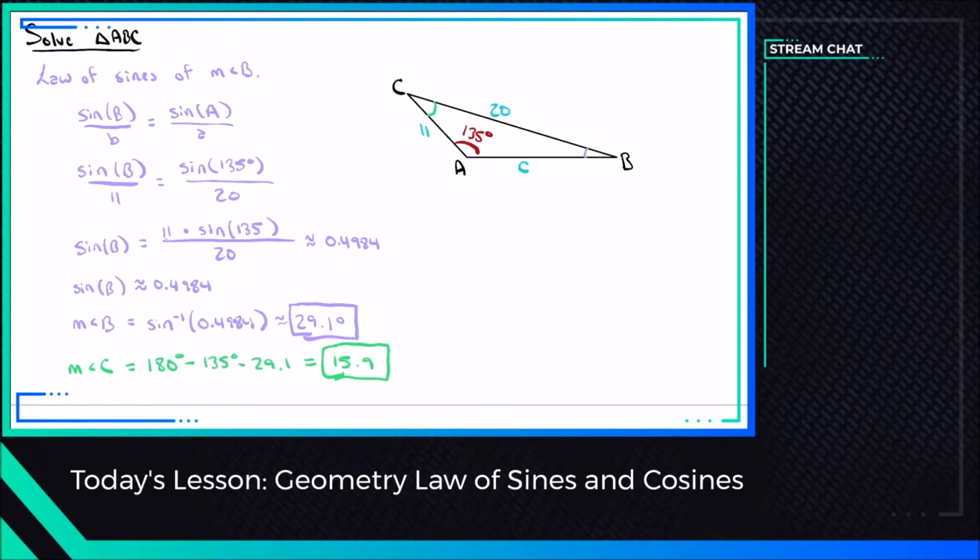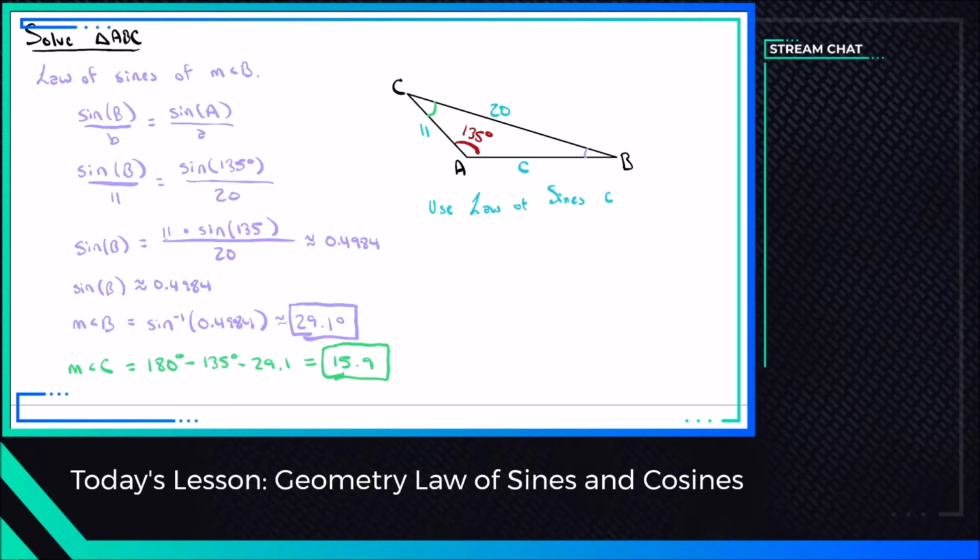Moving on, we're going to also have to use the law of sines to find little c. Except this time, instead of having the sine on top, we're going to have the sine on the bottom and our leg on top.